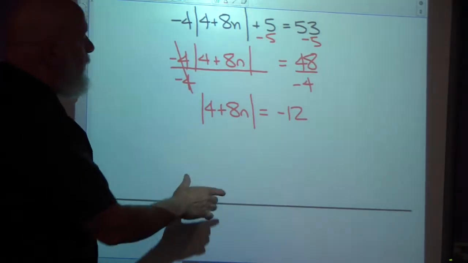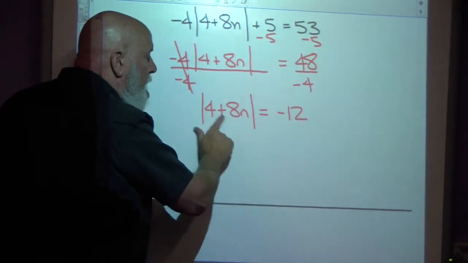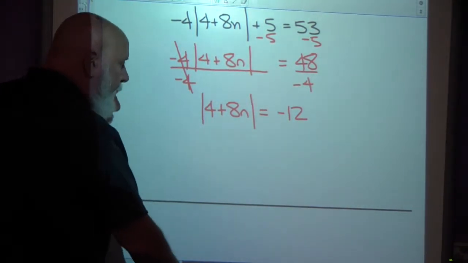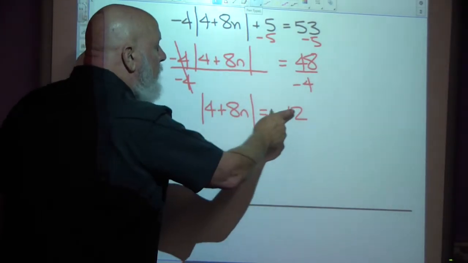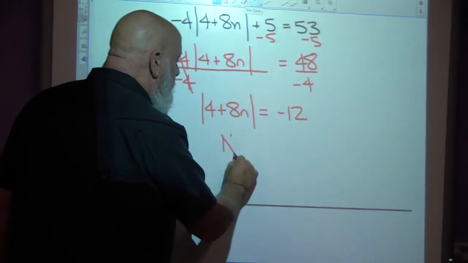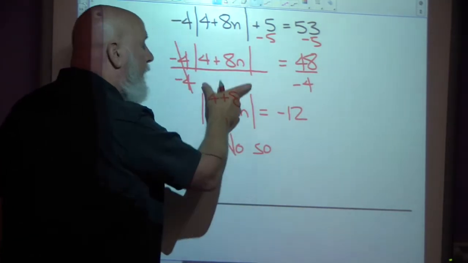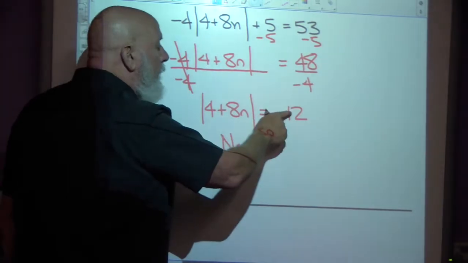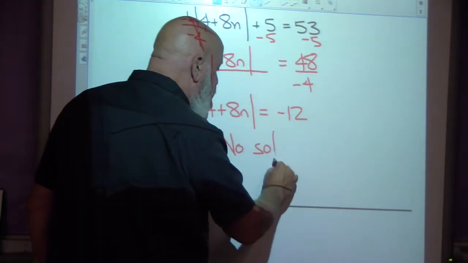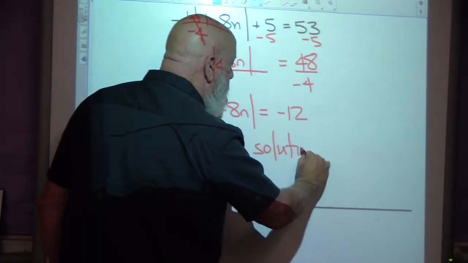And I look at this and it says the absolute value of this is -12. I can stop right there. As soon as I see the absolute value is -12, I can say there's no solution. Because there's no value you can plug in here such that when you take the absolute value of it, you'll wind up with a negative value. It just doesn't happen. So there's no solution.